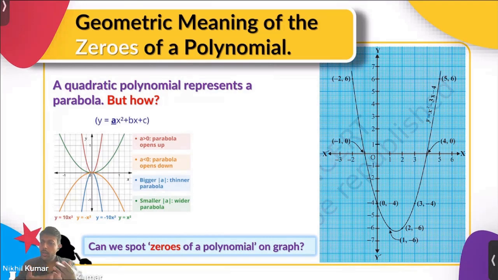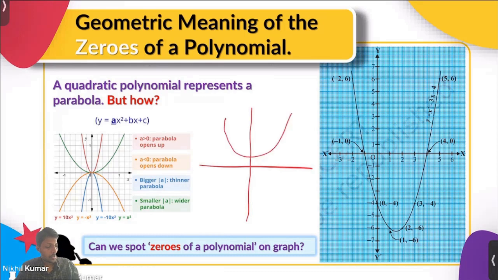See, by looking at the graph of a quadratic polynomial, you can know many things about it. Things like this. If the graph has a parabola opening upwards, something like this, okay? If you have a parabola something like this, that means A must be positive. A positive A will give you an upward pointing parabola. So this is what it means.